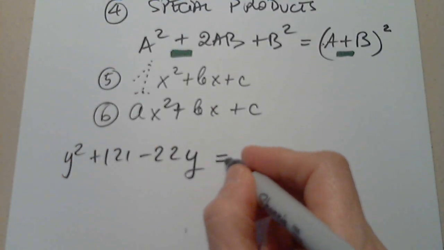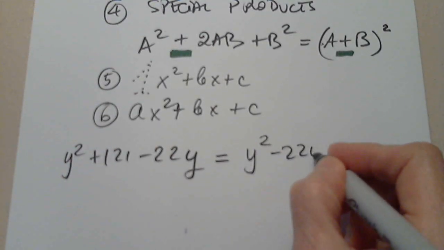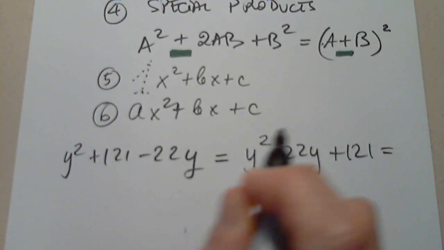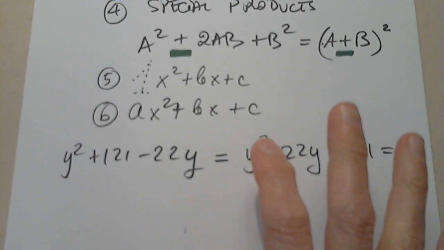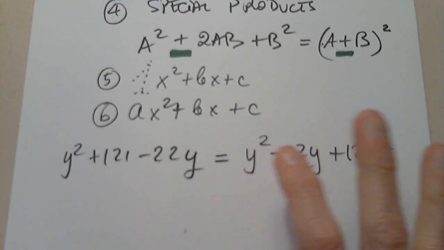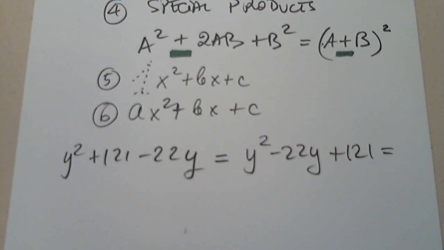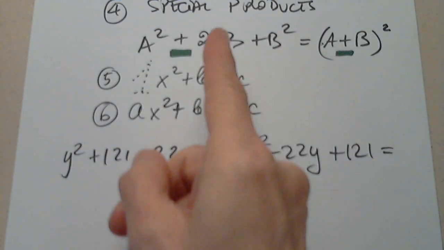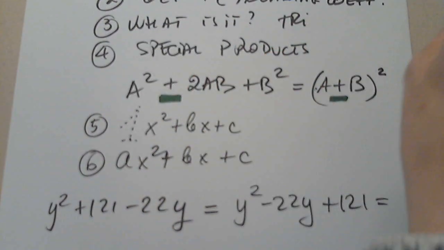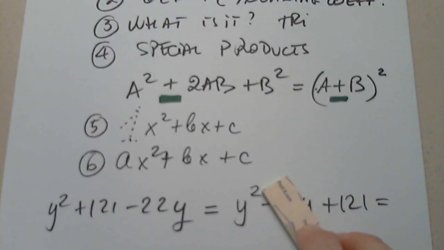Descending order? No. Y squared minus 22y plus 121. Greatest common factor, now in 3 terms? No. These 3 terms do not have a common factor. Negative leading coefficient? No. Special product? I always hope for a special product.